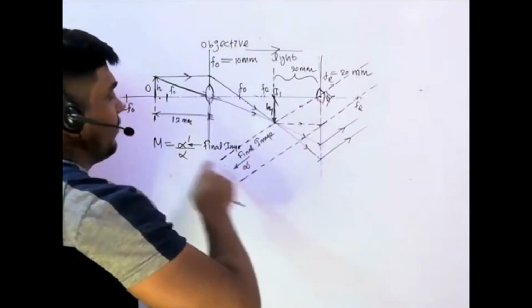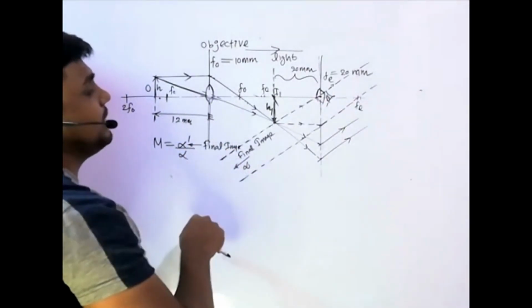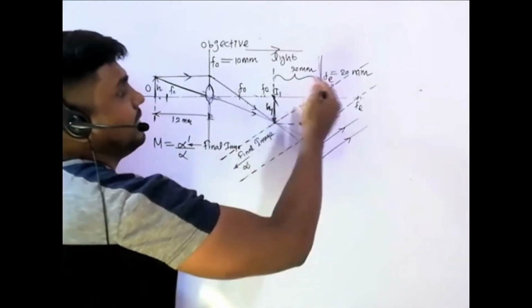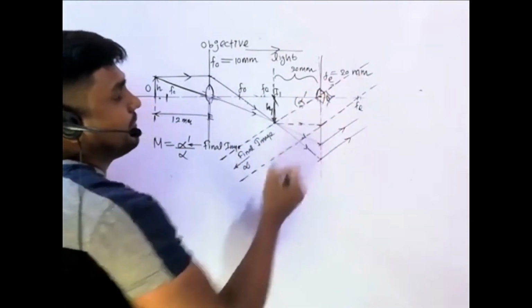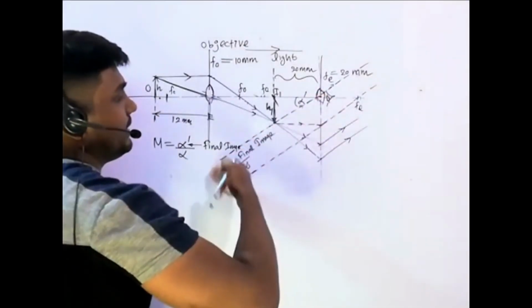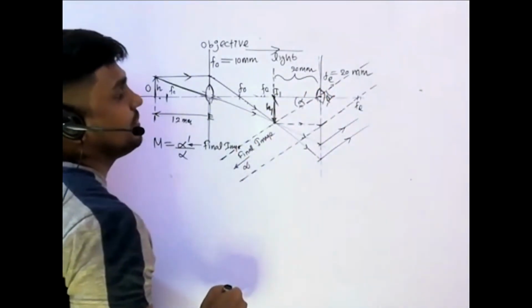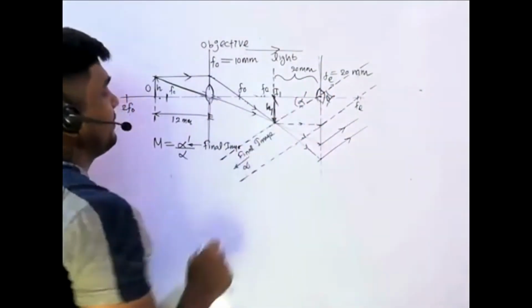Now what is alpha dash? The angle subtended to the eye by the final image. Here is your eye, and the object is somewhere here. The angle subtended to your eye by the final image is your alpha dash.